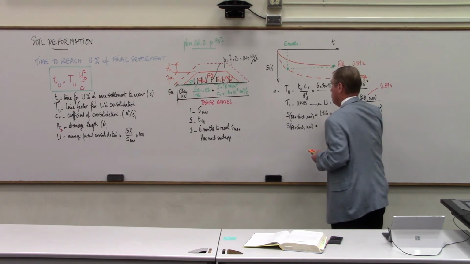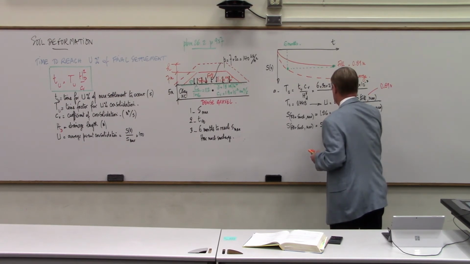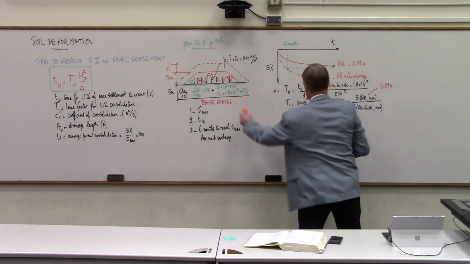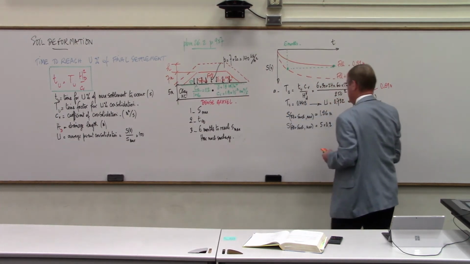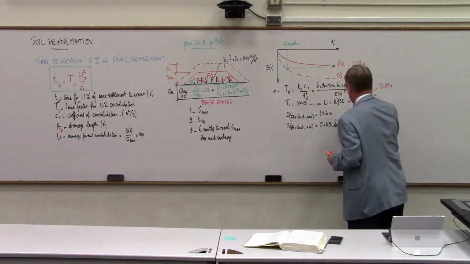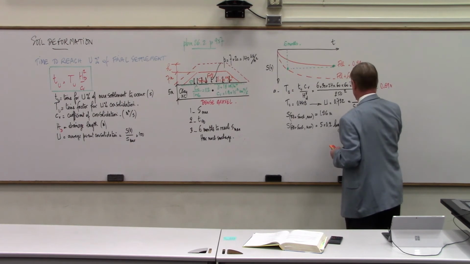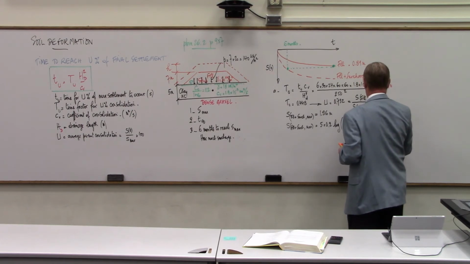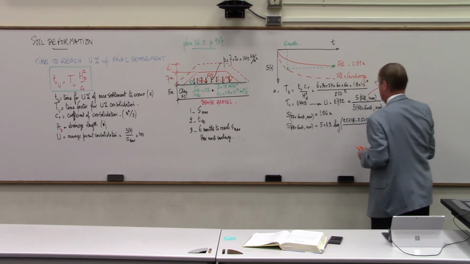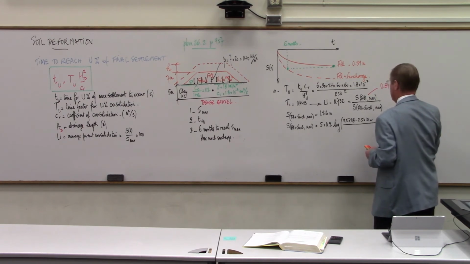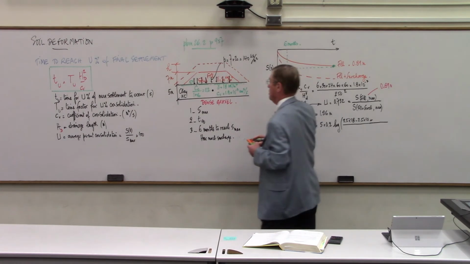So that's equal to what we've done before, that is H0 times C sub C over 1 plus e0, 0.2 times log of sigma prime 0V, which was 2.5 times 18 minus 2.5 times 10, and then plus the delta sigma due to the surcharge and the fill.